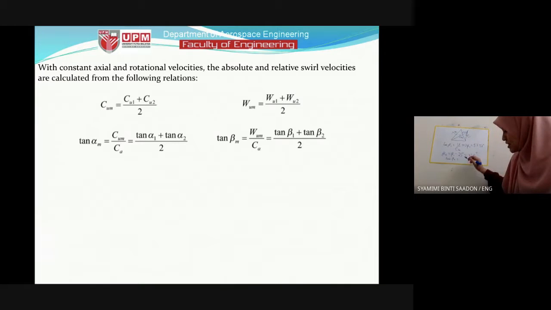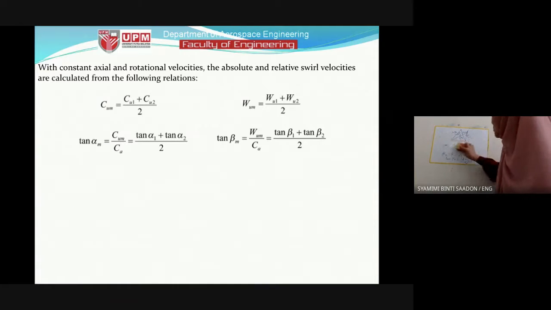So we have tangent beta 2 equals U minus CU2 over CA2.